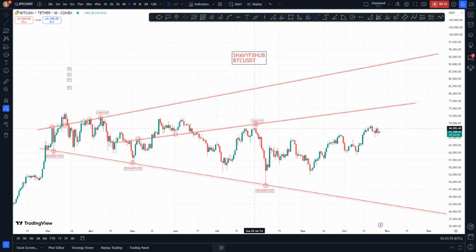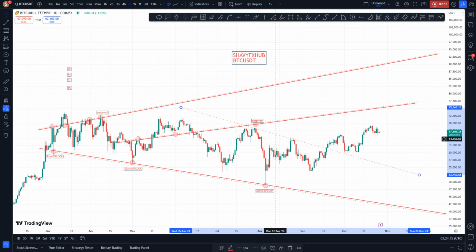Resistance structure, resistance structure, and you can see another resistance structure here. Look at resistance on daily, the daily candle closing on rejection, and that breakout has happened. So price has broken out.